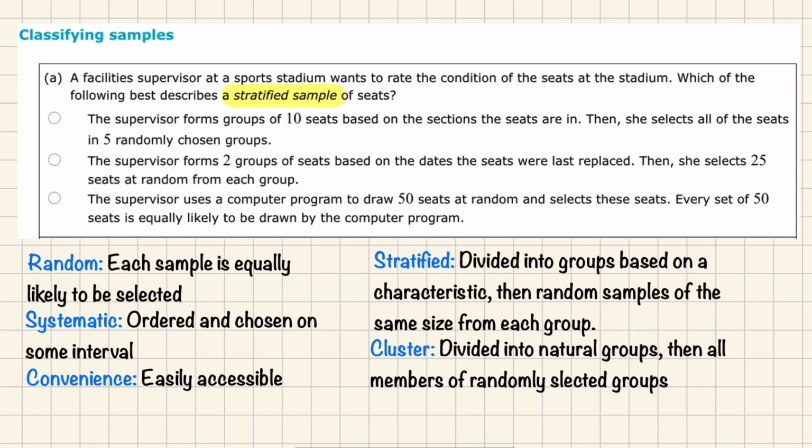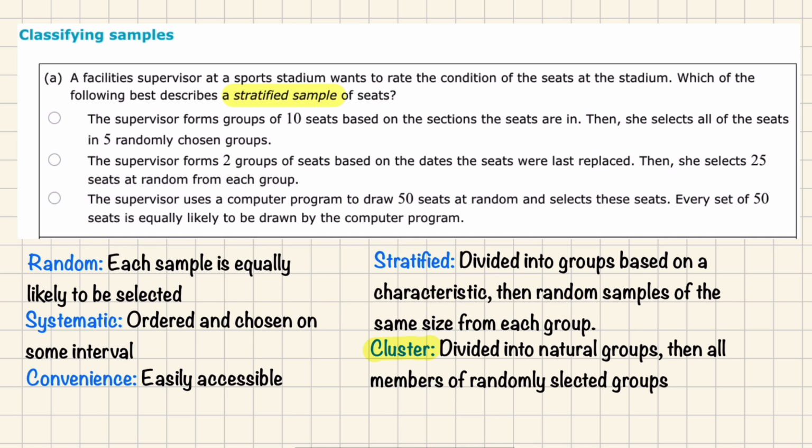We'll start by recalling the 5 different sampling strategies, starting with random, where each sample is equally likely to be selected. We also have systematic, where we put objects in some order and then choose on some interval. For example, choosing every 4th person in a line. Convenience sampling, where you're sampling just from a group that you have easy access to.